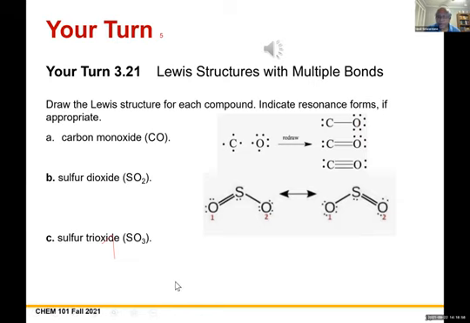So sulfur trioxide also shows resonance. Now, when you draw the Lewis structure, sulfur is the central atom. Count the valence electrons. Sulfur is 6, oxygen is 6. 6 times 3 is 18, plus 6 is 24.